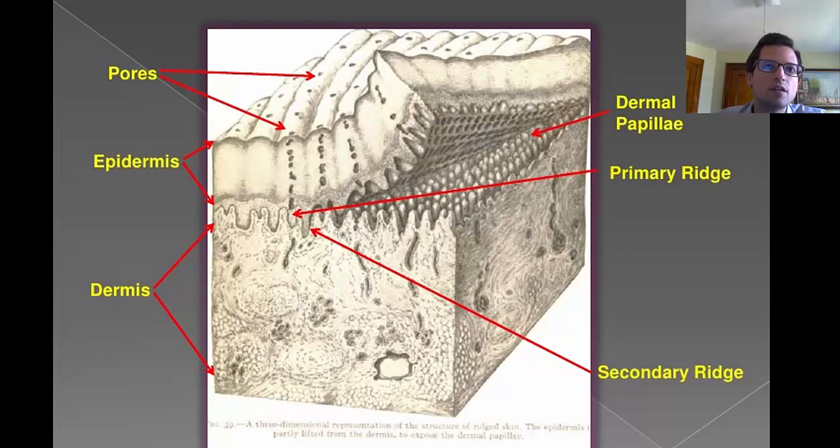Now you can see underneath the peeled back layer those dermal papillae, these little finger-like protrusions, and this is the layer that actually determines the friction ridges above. So if you can damage the dermal papillae, or if you have some abnormality in this layer, then you may be able to remove or alter the friction ridges.